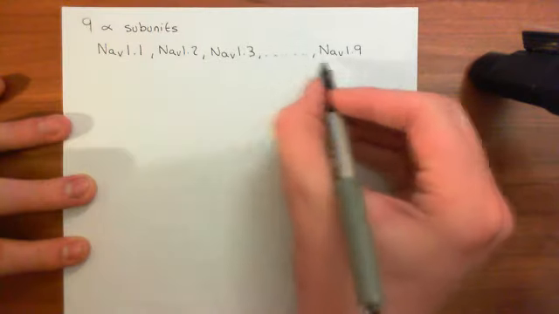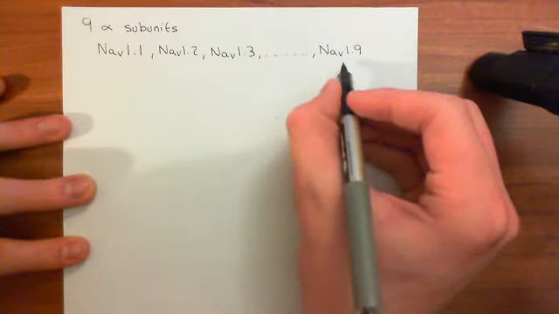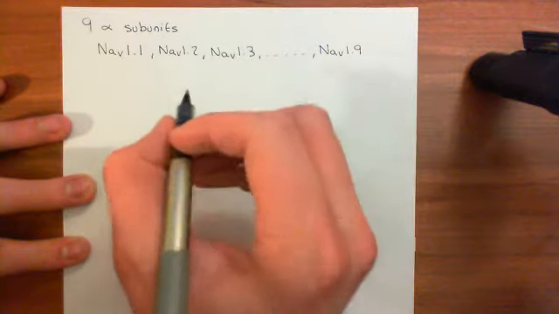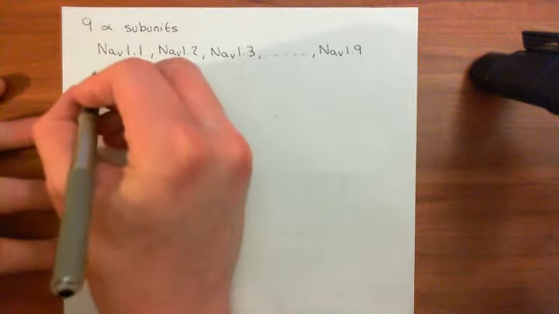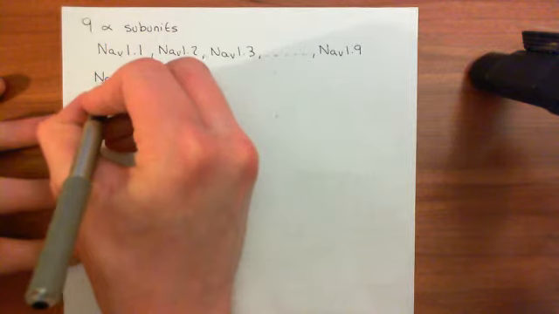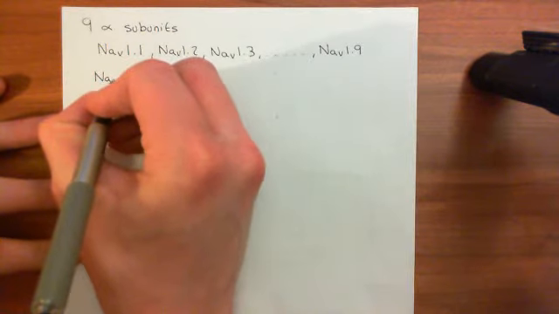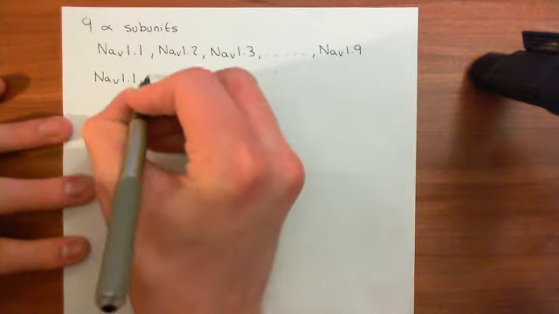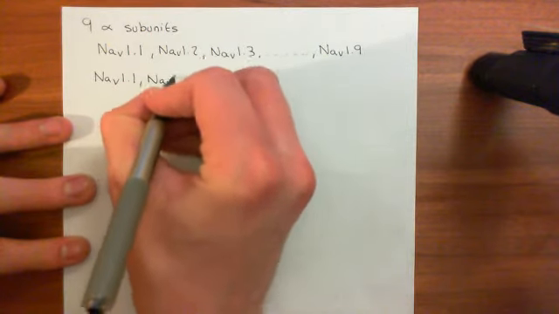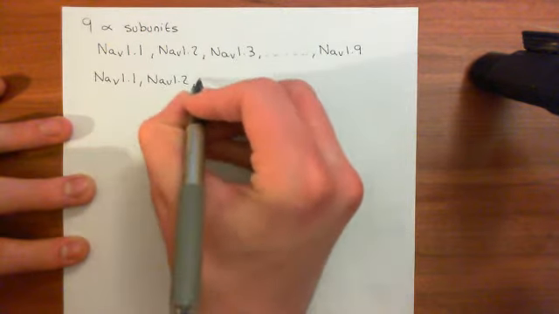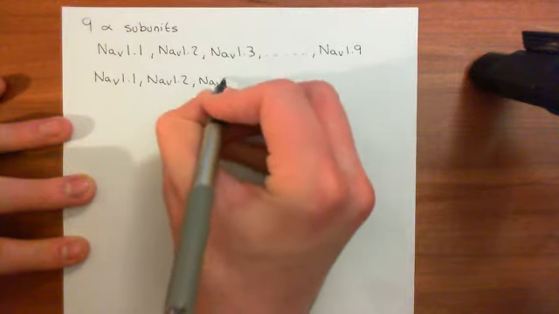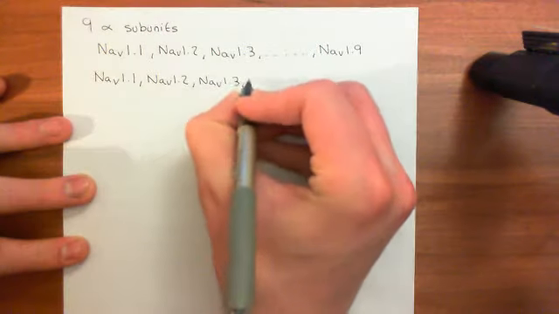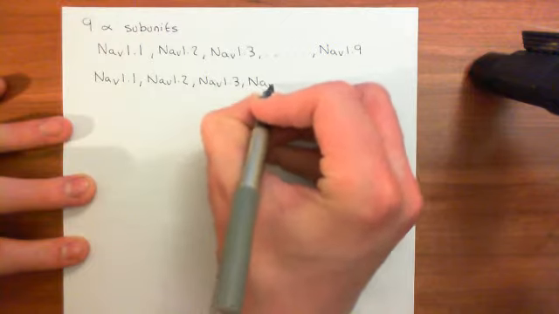Basically, these alpha subunits of voltage-gated sodium channels have different expression patterns. So what you find is that within the central nervous system, you have mainly NAV 1.1 alpha subunits, NAV 1.2 alpha subunits, NAV 1.3 alpha subunits, and also NAV 1.6 alpha subunits.